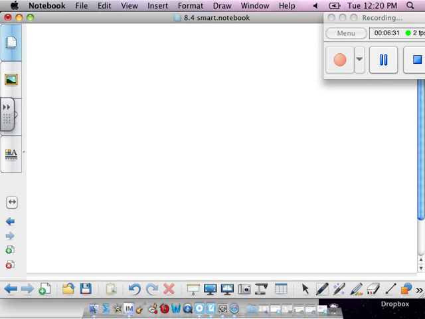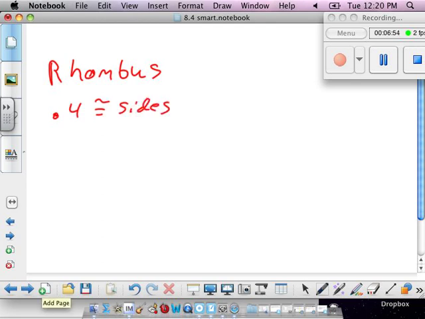Can you tell me what is special about a rhombus? So if we look at the other side of the paper, what's special about a rhombus? Yes, Shane? 4 congruent sides. Okay, what else is special about a rhombus?